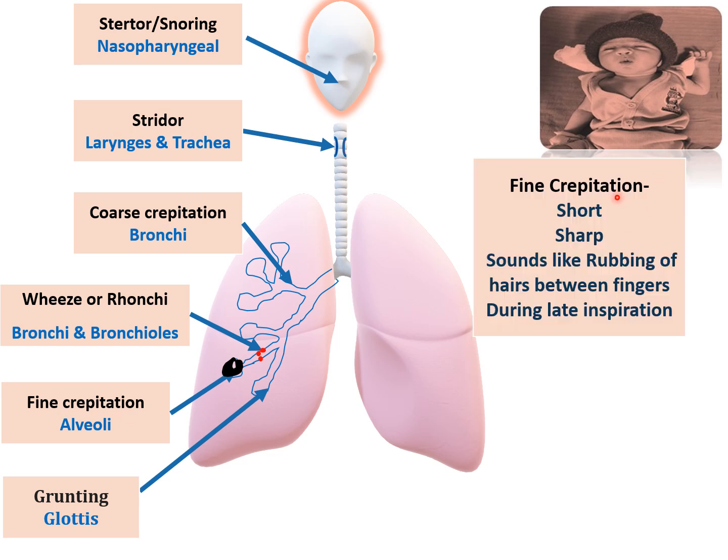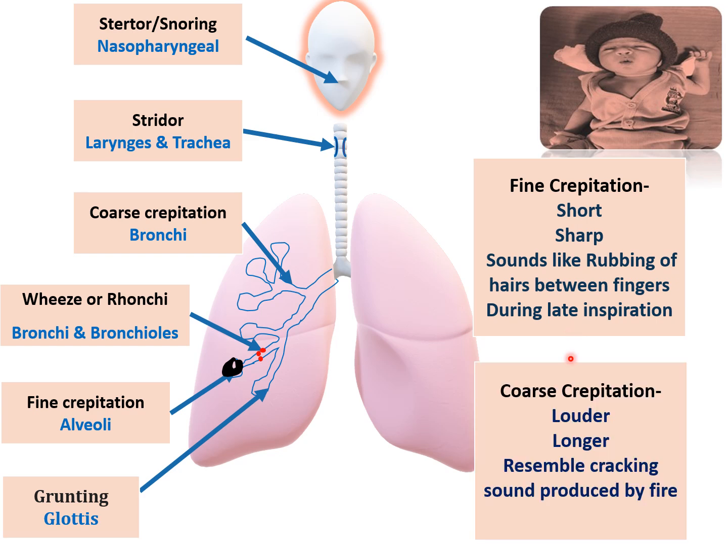Fine crepitations are short and sharp. They sound like rubbing of hair between fingers, audible during late inspiration, while coarse crepitations are louder and longer compared to fine crepitations, and resemble the cracking sound produced by fire.